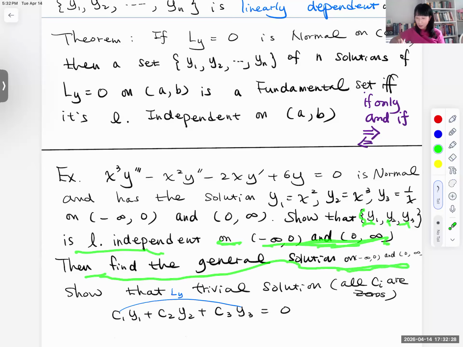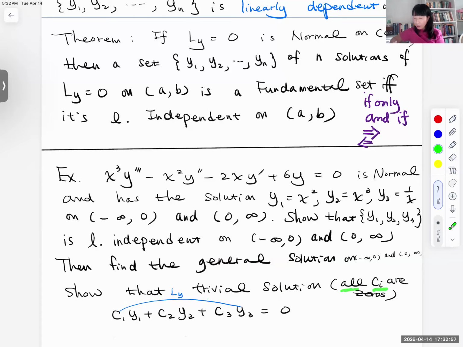How does the general solution look? We have been doing this a long time, before the Laplace transform, right? Show that it's a trivial solution. So what's the trivial solution?